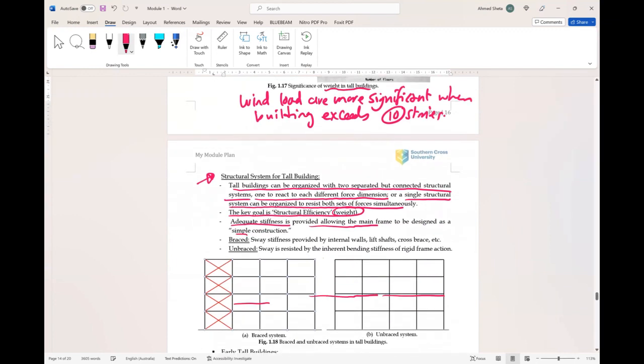There are two types of tall building. Braced, where sway stiffness is provided by internal walls, lift shafts or cross-bracing. Unbraced, where sway is resisted by the inherent bending stiffness of the rigid frame action. So these are two different concepts of the system in tall buildings.